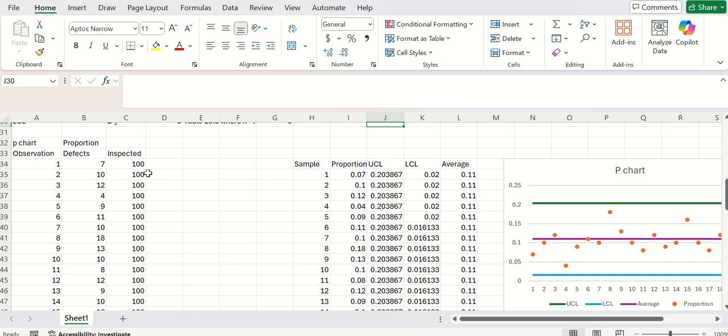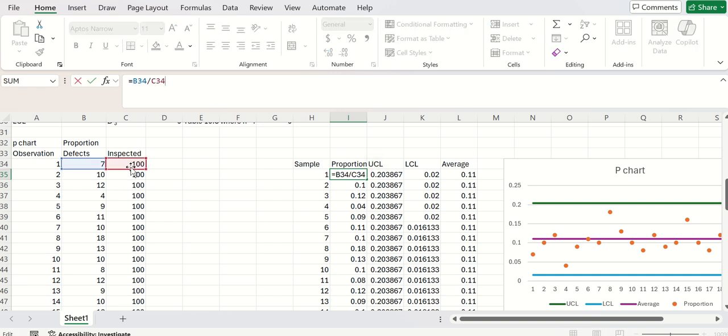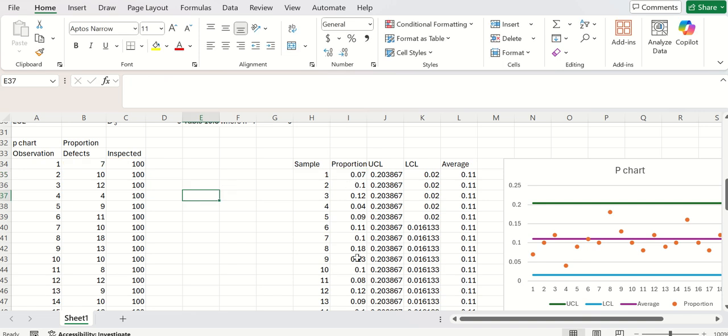What proportion did we have a defect each day? So you can see over here on the chart that I have calculated the proportion by taking the number of defects and dividing by the number that were inspected. All of this comes in here.